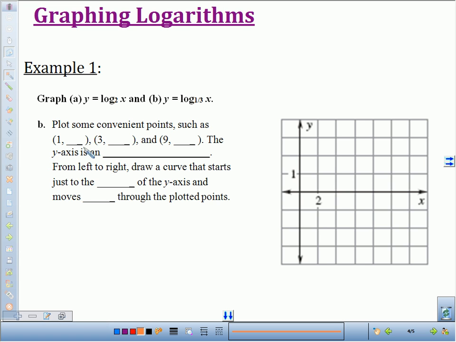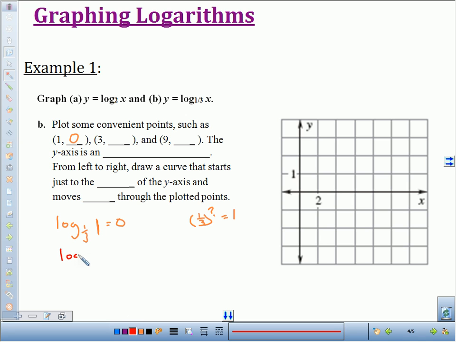We ask ourselves, log base 1/3 of 1. What power do I raise 1/3 to get 1? The answer is 0. So when x is 1, y is 0.